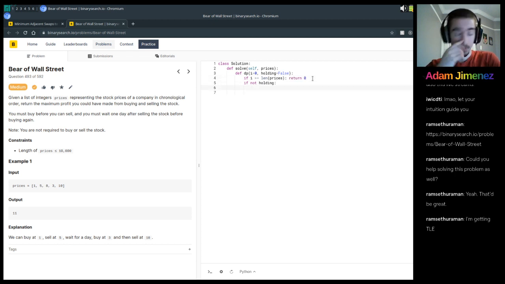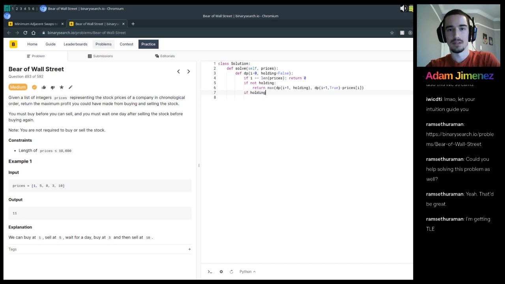So if we're not holding anything, then the simplest case is just doing nothing. So I think we can return the max of skipping, and if we decide to buy, it's the max of skipping and buying, which means that you remove the price of the current i.